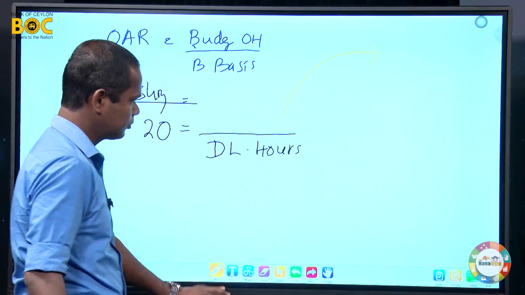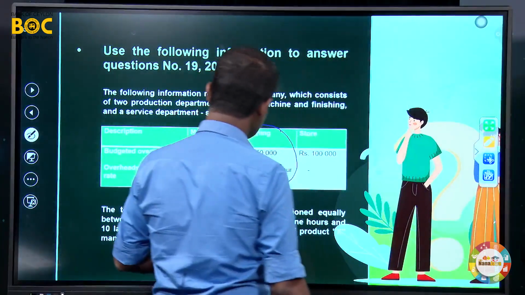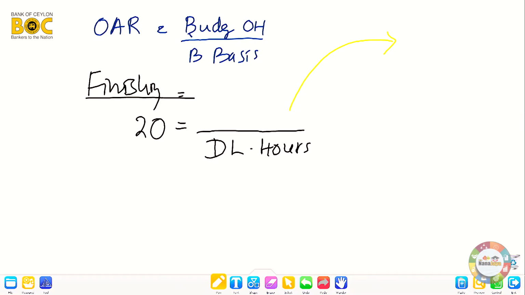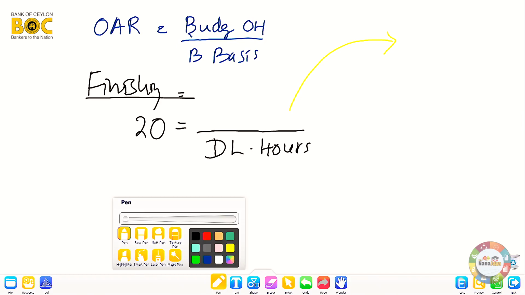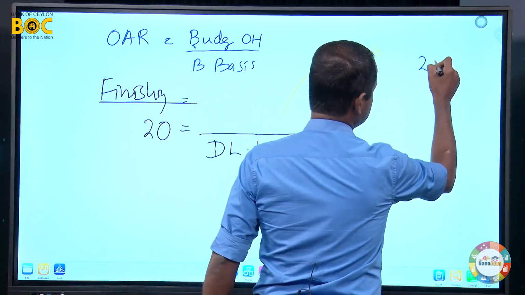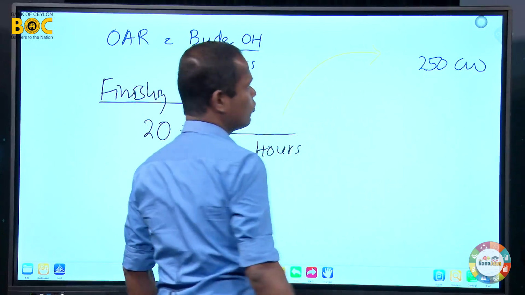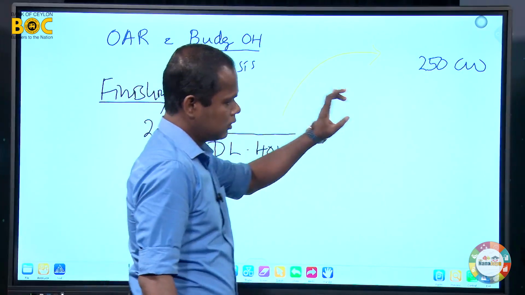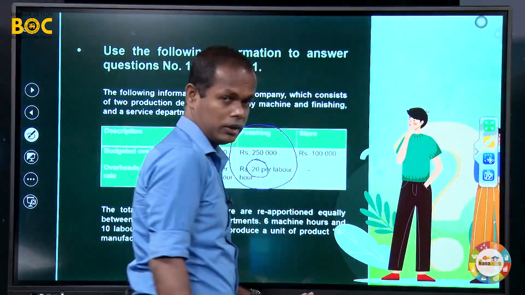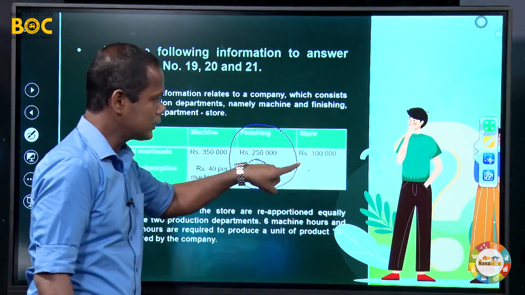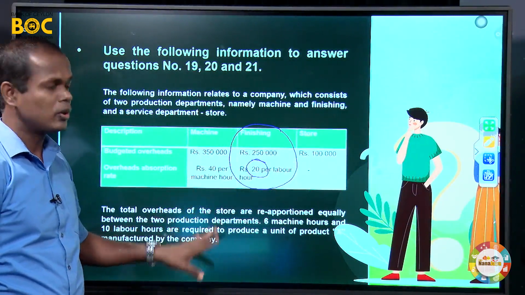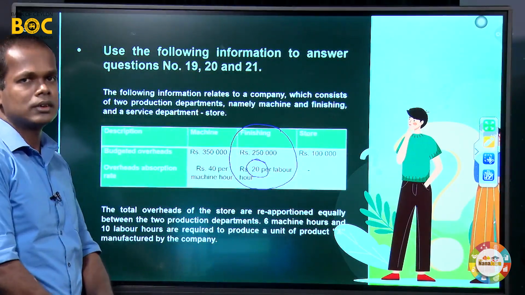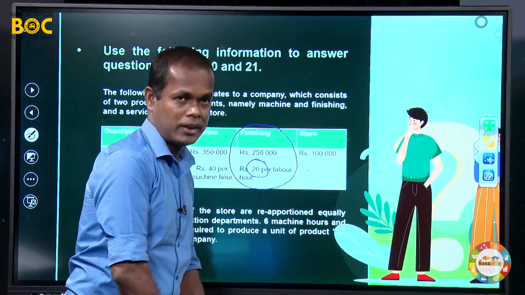We can calculate it. So how much is the cost? The finishing department itself has 250,000 rupees. From the service department, we have learned that with a service cost you can't calculate the absorption rate, because the service cost has to be reallocated to a production department.